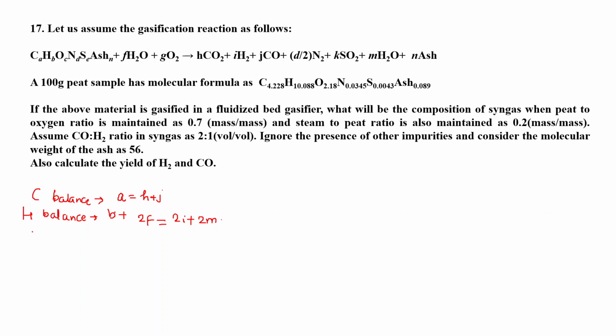Then further oxygen balance: C plus F plus 2G gives 2H plus J plus 2K plus M.